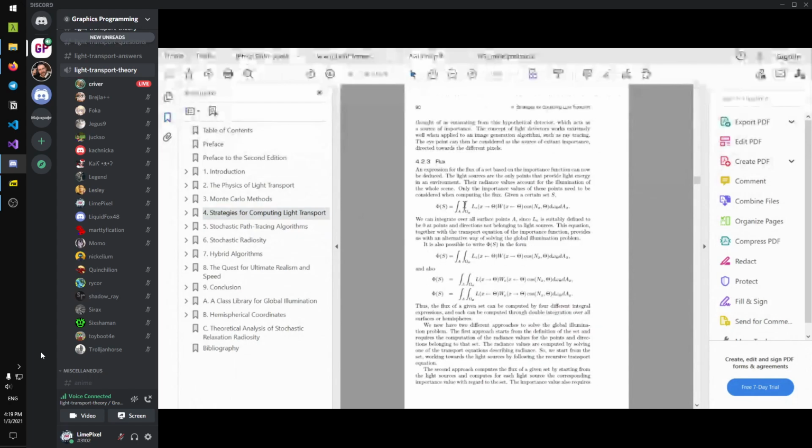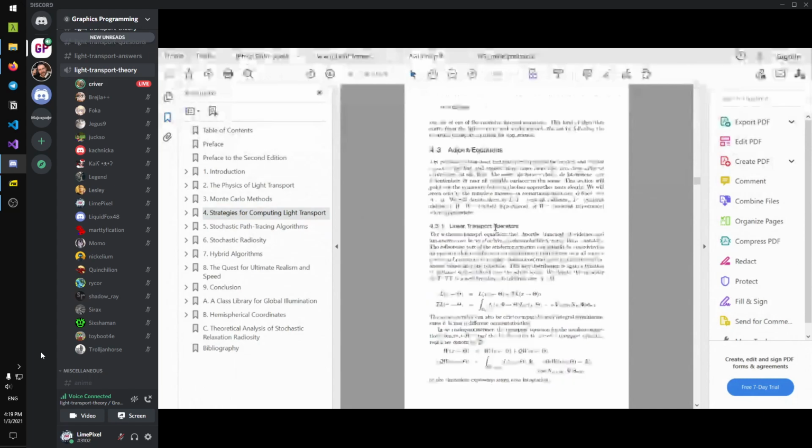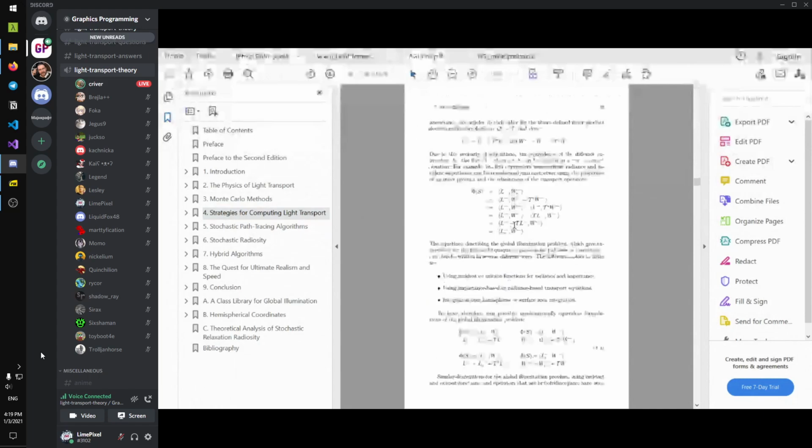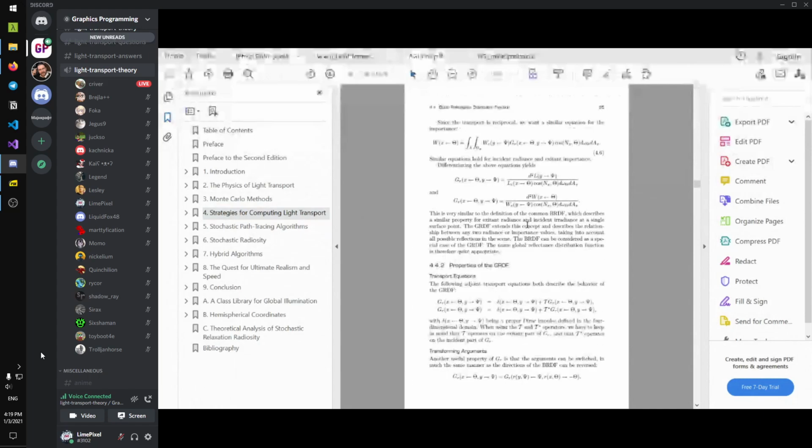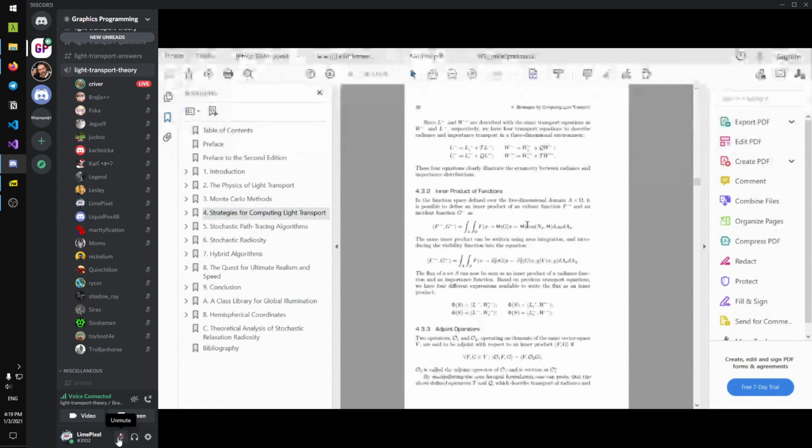In chapter 4 you get 4 variants of it, and you can show that they compute exactly the same thing, just written in a different way. These 4 variants can actually make more variants. I think they introduce it here.